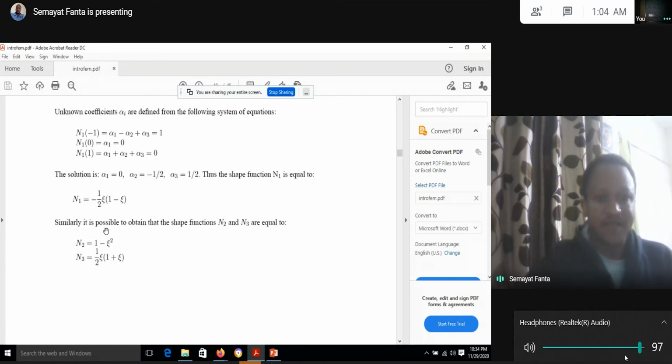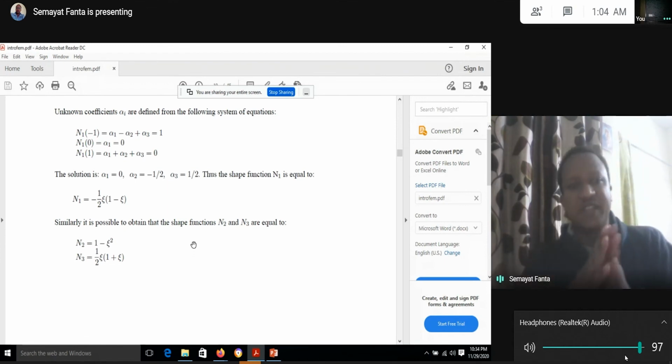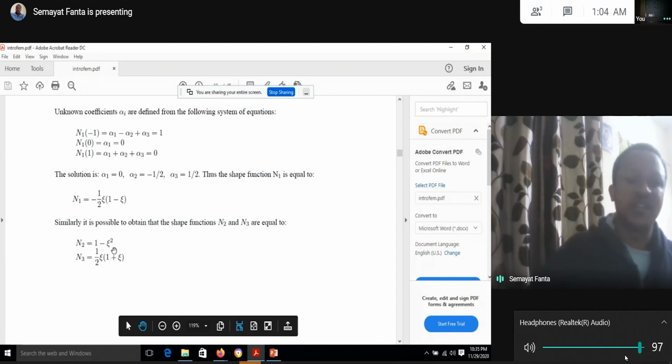Similarly, we have to find N2 and N3. We can evaluate the shape function at every node for the quadratic shape function. So N2 is 1 minus zeta squared, and N3 is 1 over 2 zeta times (1 plus zeta).